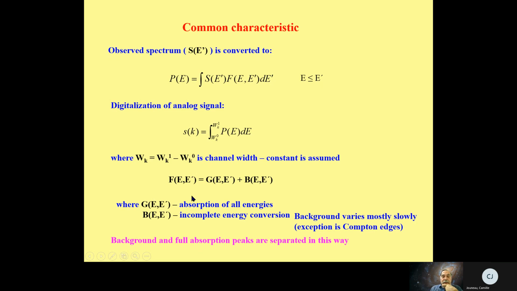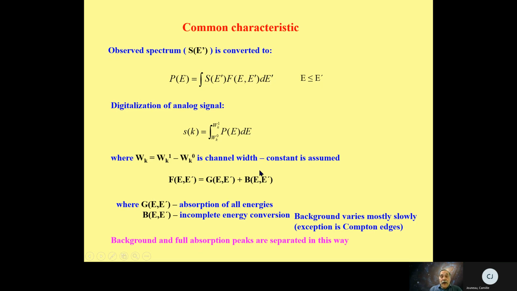One part is the absorption of all energies, that means this part which is in the full absorption peak, or also photopeak. In reality it looks approximately like a Gaussian.